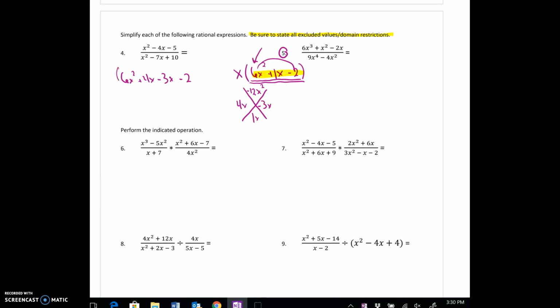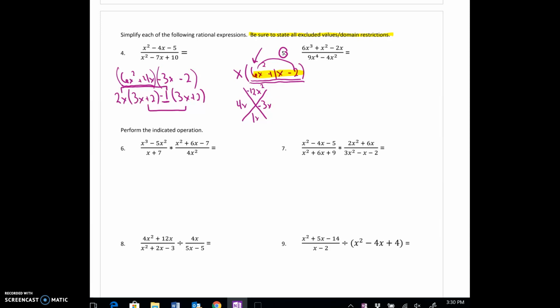So from there, I should group the first 2 and the last 2, and I just do a GCF. So when I GCF this first set, I take a 2x out, and then I'm left with 3x plus 2. When I go for the second set of parentheses, they are matching. And so I'm trying to figure out what multiplied here to 3x to give me the -3x, and that's a -1. And then from there, I get my factors.